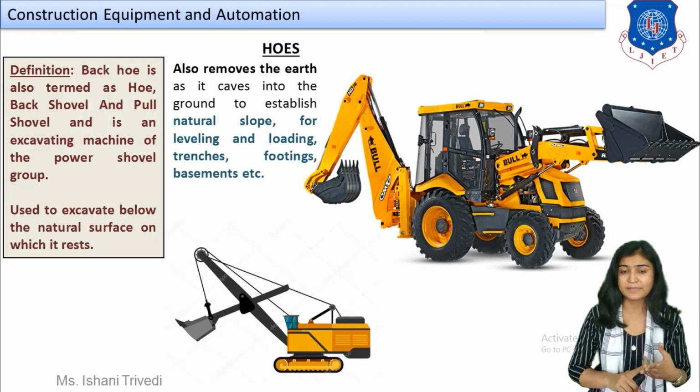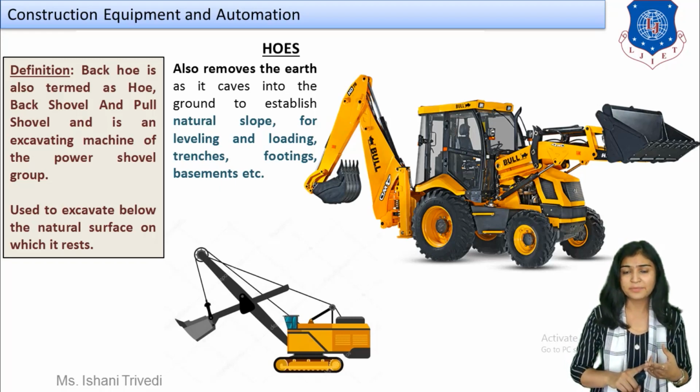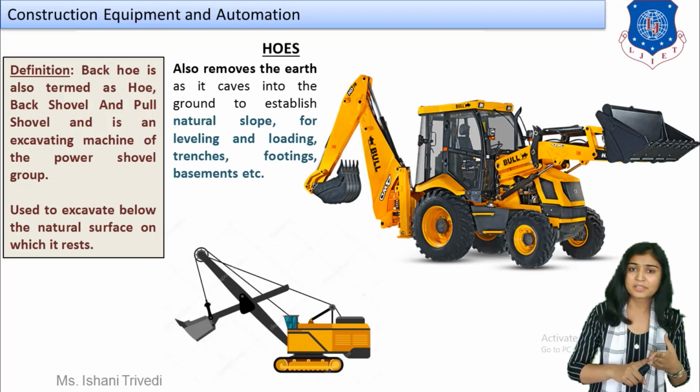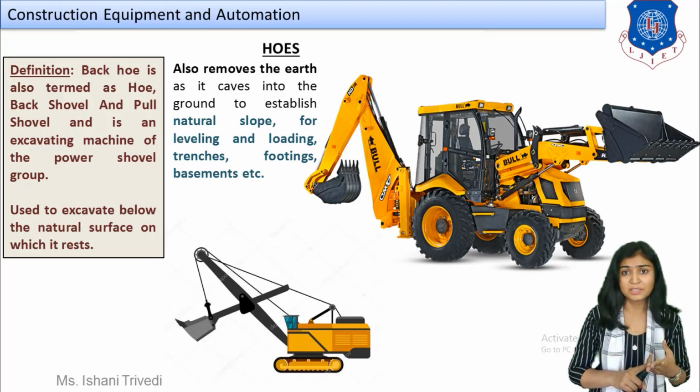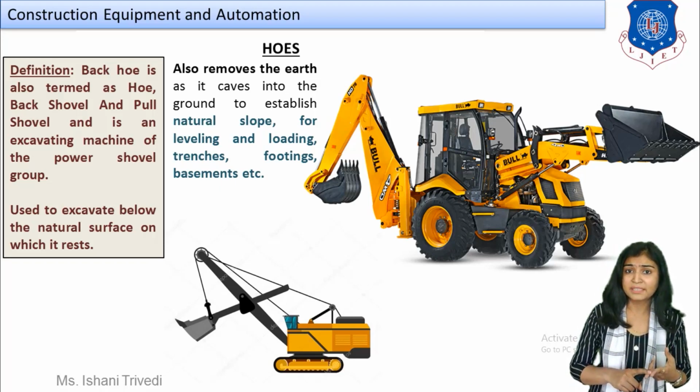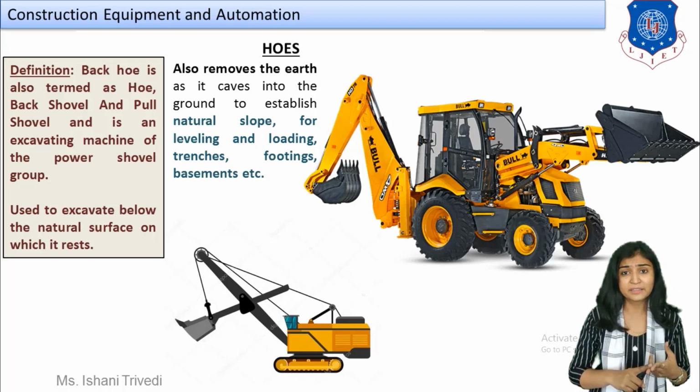We have studied the bulldozer already. So excavation work is performed, and along with it you can also collect the dug material in the dozer blade, and then simultaneously spread it evenly on the surface. Both works can be done.